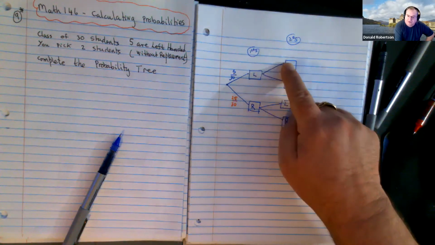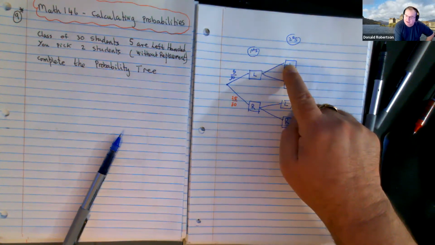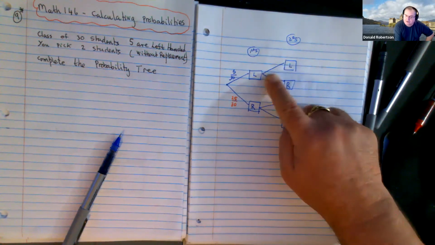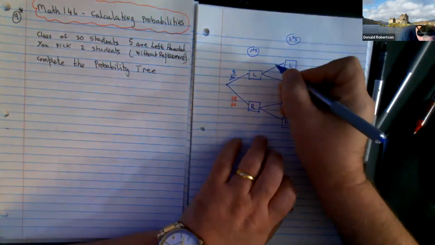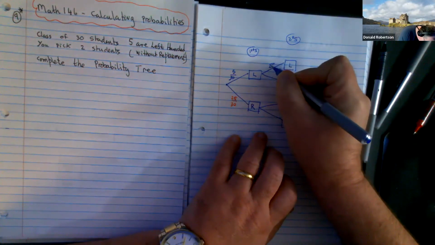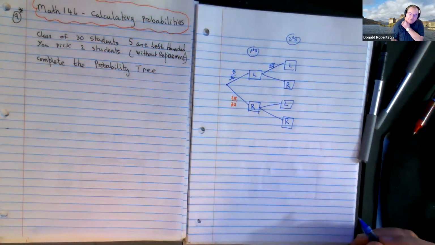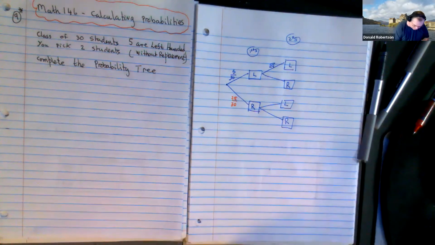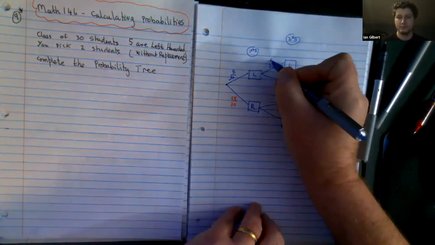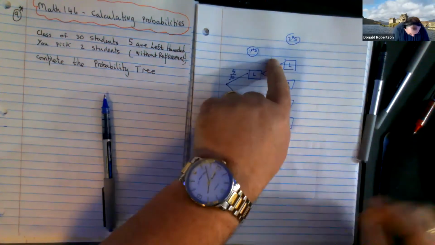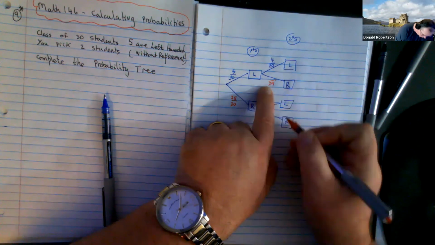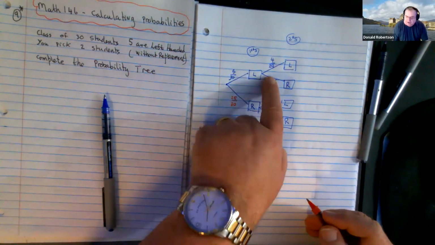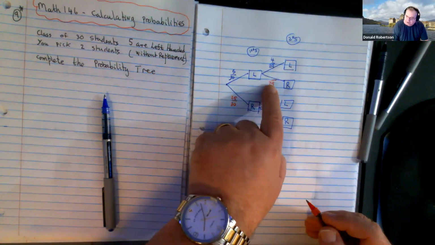So when you get to this student, there's only 29 students in the class, right? This person's already standing at the front. 29 students at the front. And how many of them are left-handed? Now there's 4 of them, right? Yeah. Now, if you know this answer, can't you figure out this one? Because it's also going to be 29 students, but won't it be the rest? So 4 and 25.